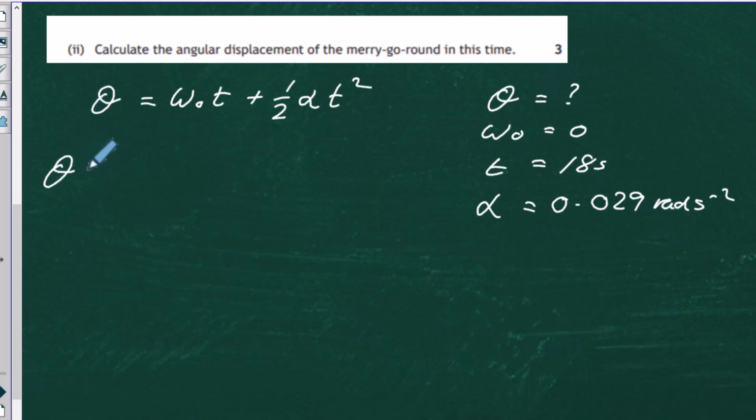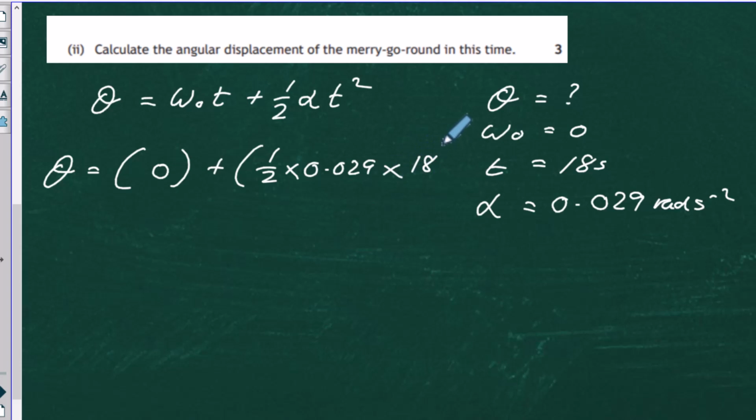The angular displacement theta equals omega naught times t, which is going to be 0 because the initial omega naught is 0, plus 1/2 times 0.029, and don't forget to square the time, 18 squared.